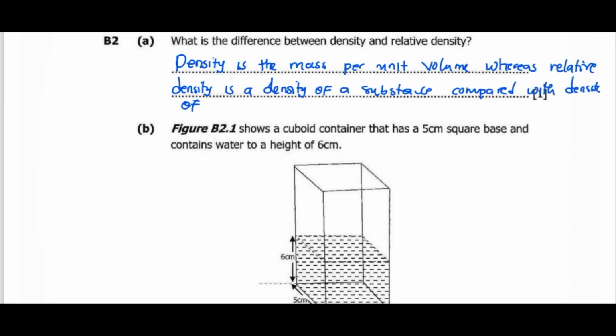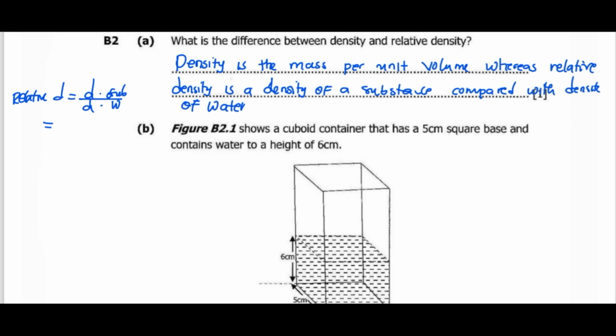So the key point is the relative density is just a ratio. The formula is like this. Relative density is equal to the density of a substance over the density of water.